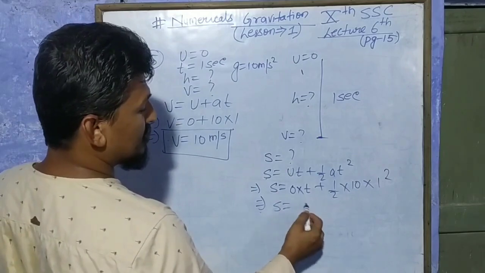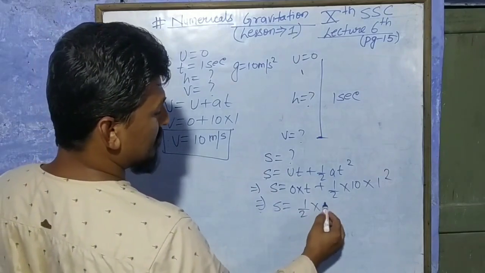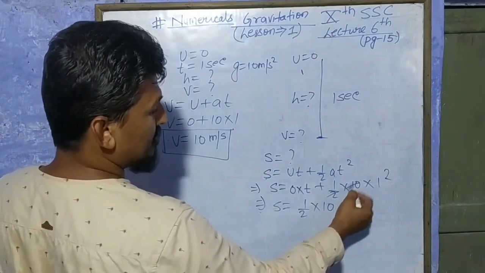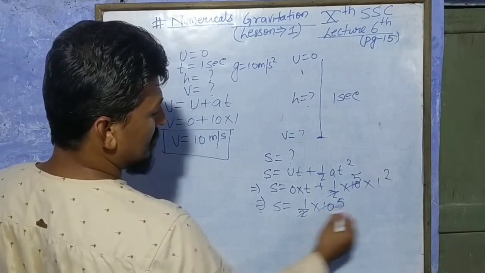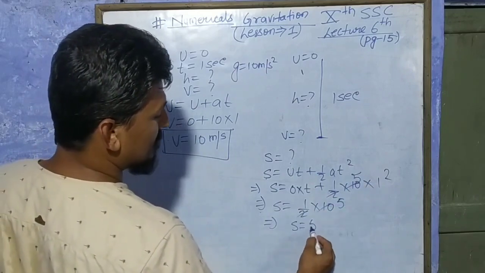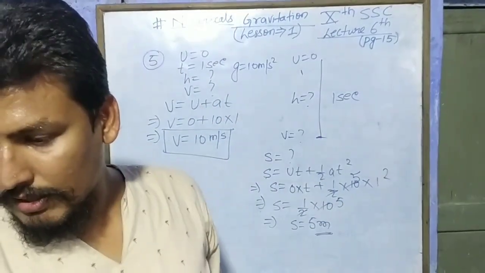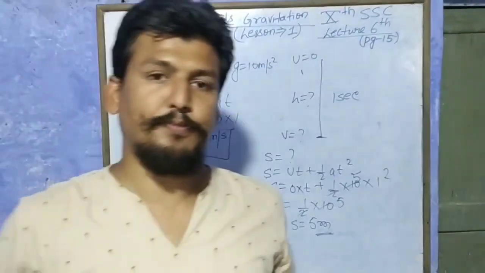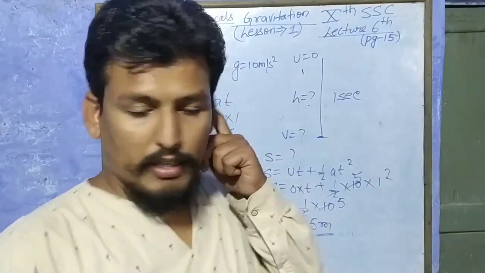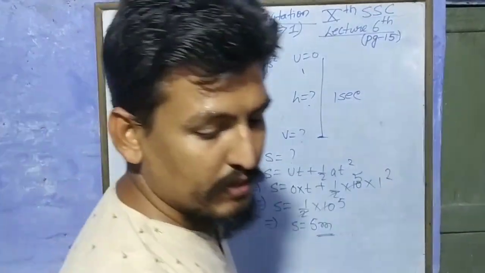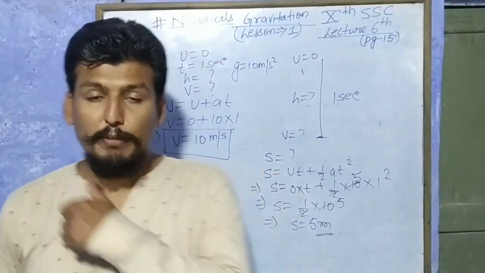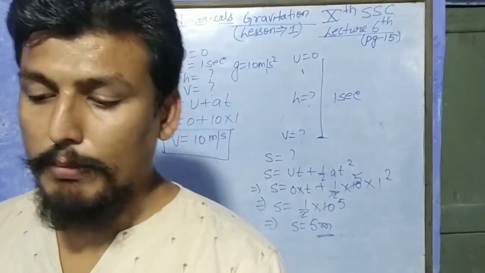So S is equal to half into 10. The value of S is 5 meter. That means the height is 5 meter. This is question number 5. Two more questions remaining. We'll start question number 6.